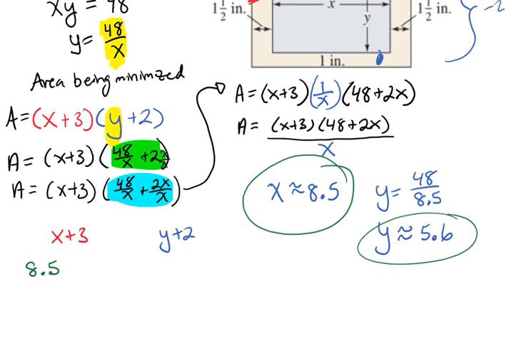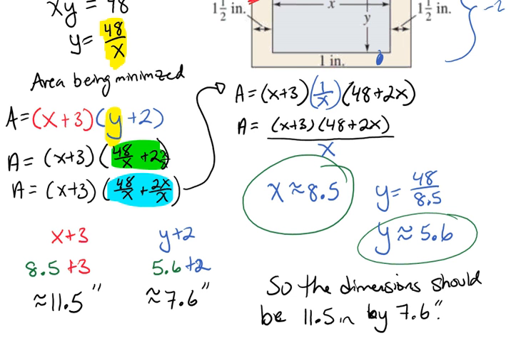So we're going to take our 8.5 and add 3 to that, and that's going to give us approximately 11.5. And we're going to take that 5.6 and add 2 to that, and that's going to give us approximately 7.6, and both of these are in inches. So the dimensions should be 11.5 inches by 7.6 inches.